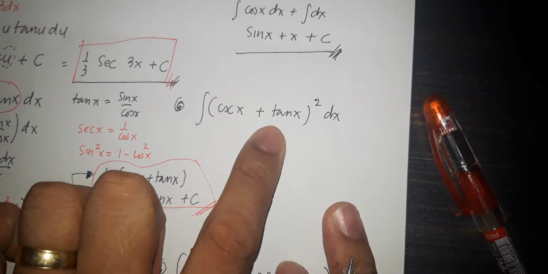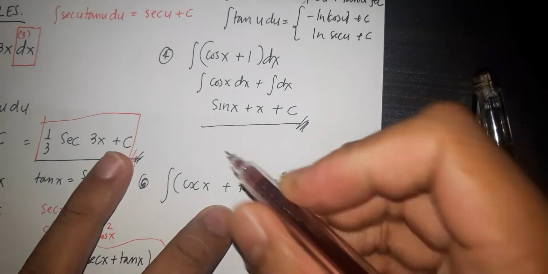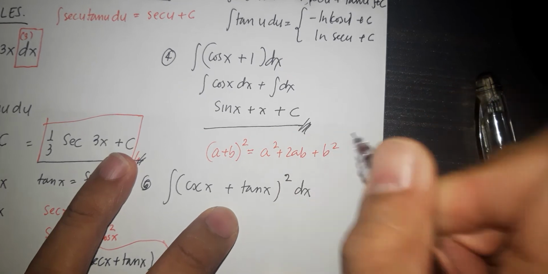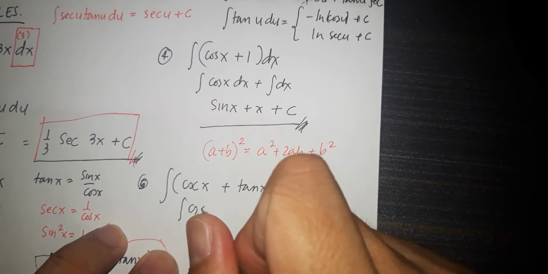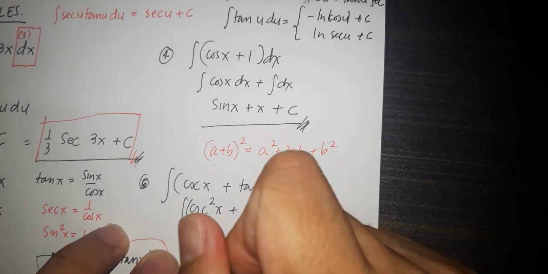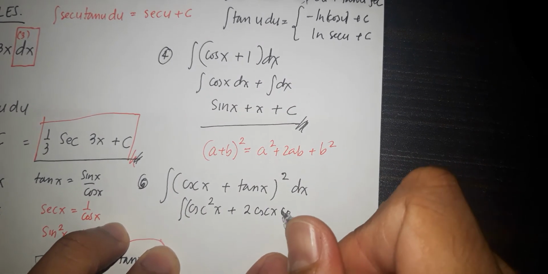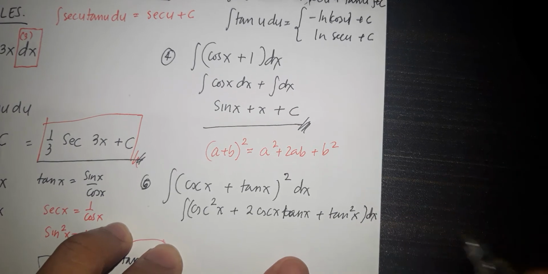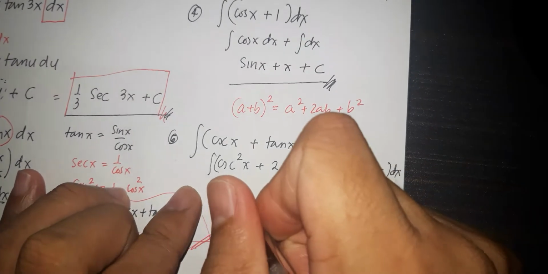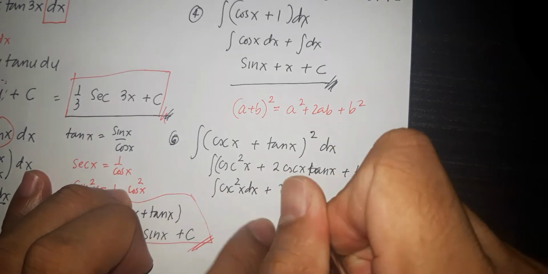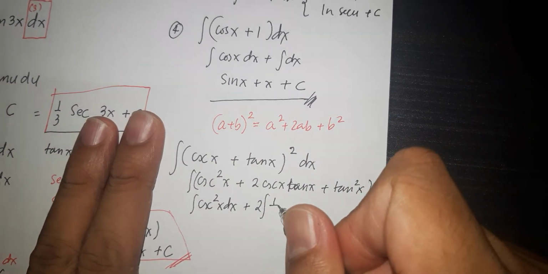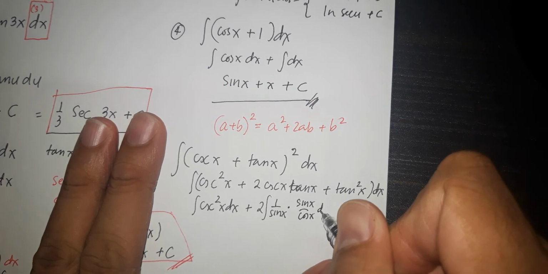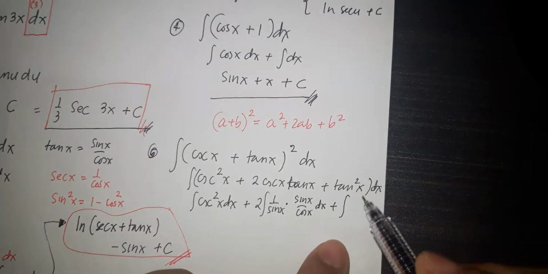So, for cosecant plus tangent raised to the second power, all I need to do is to use this: a plus b to the second power is a squared plus 2ab plus b squared.